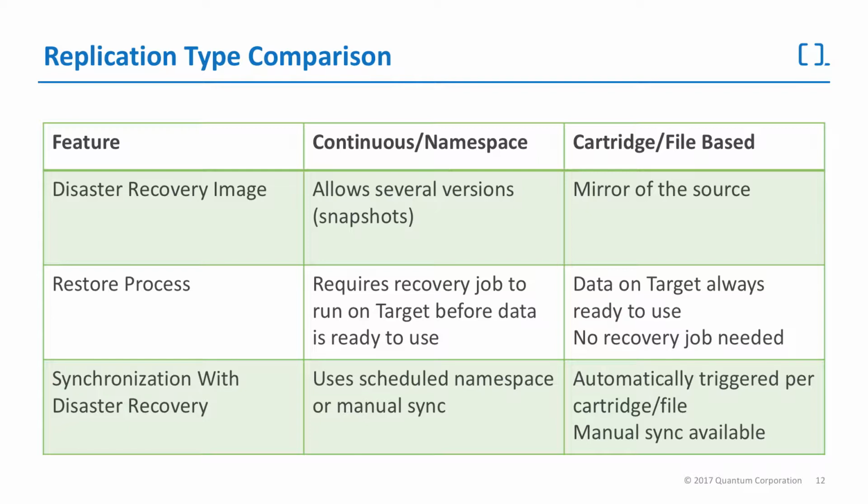However, using cartridge file-based replication, data on the target is always ready for use and no recovery job is needed. Regarding synchronization with disaster recovery, continuous namespace replication uses scheduled namespace or manual sync. Cartridge file-based replication is automatically triggered per cartridge or file. Manual sync is also available.